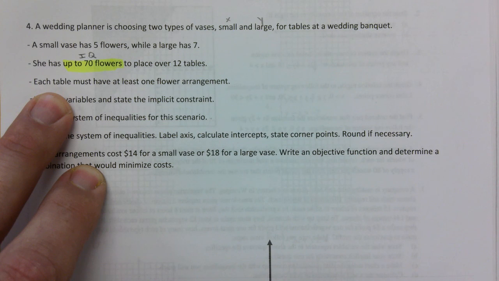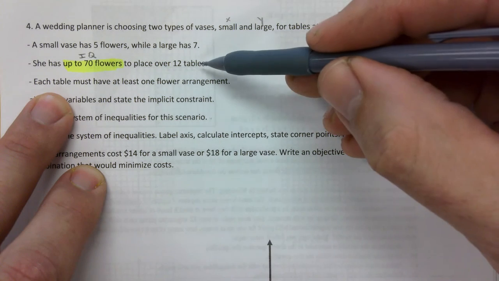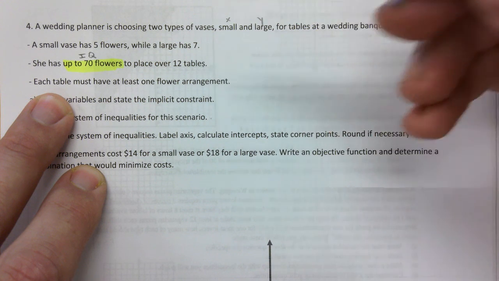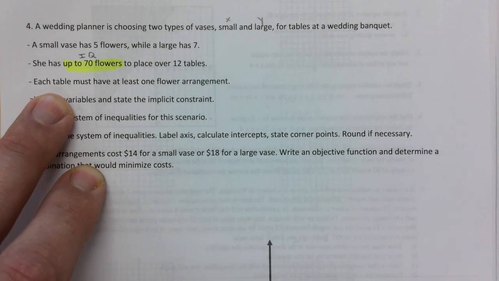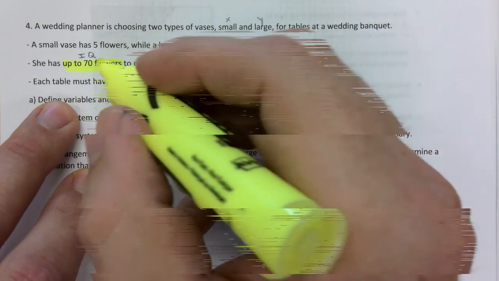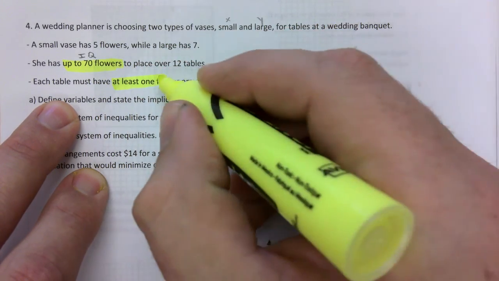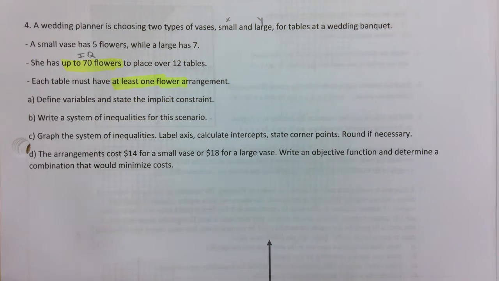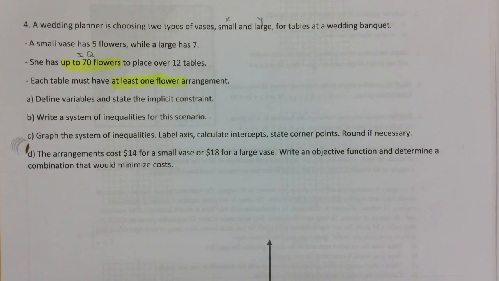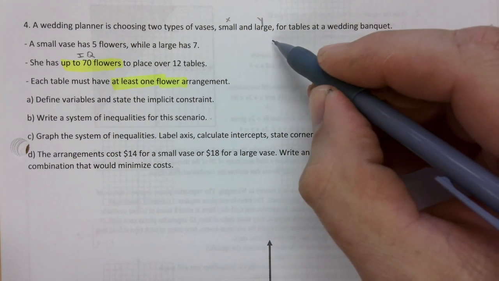Okay. What about the over 12 tables? We'll have to figure that out. Okay. Each table must have at least one flower arrangement. Okay. So there you have that. Define variables and state the implicit constraint. So we'll do that here.